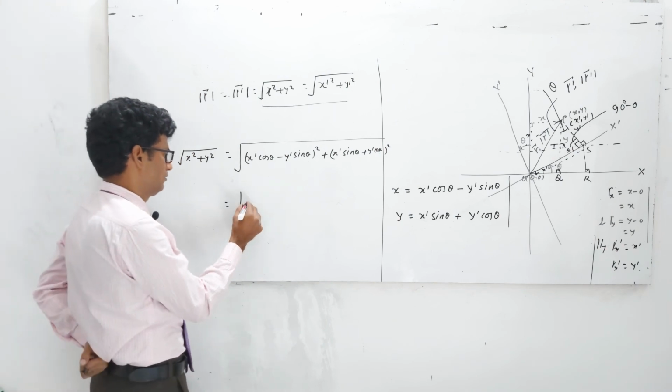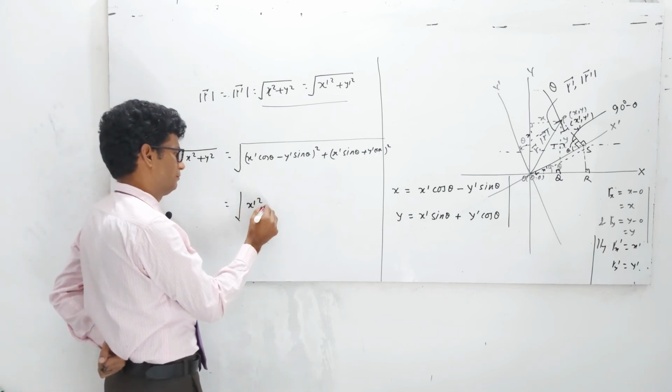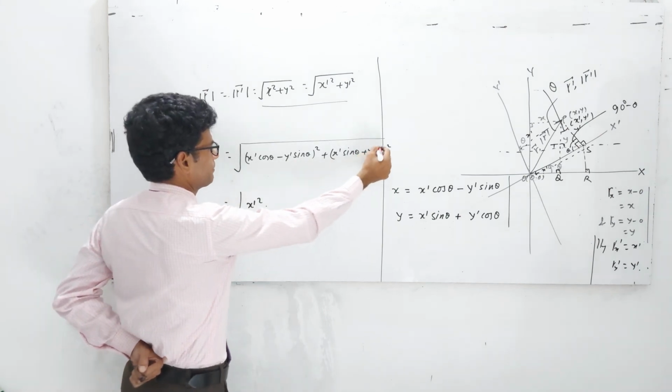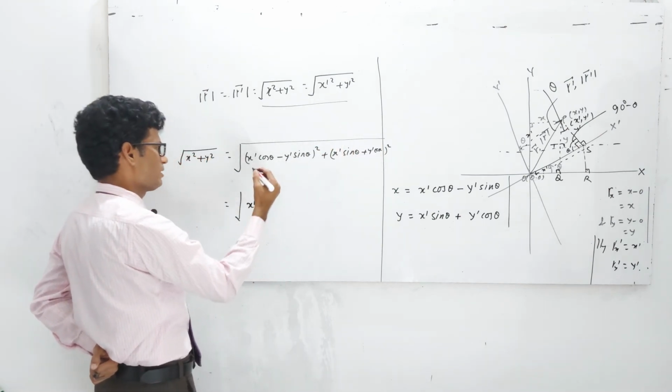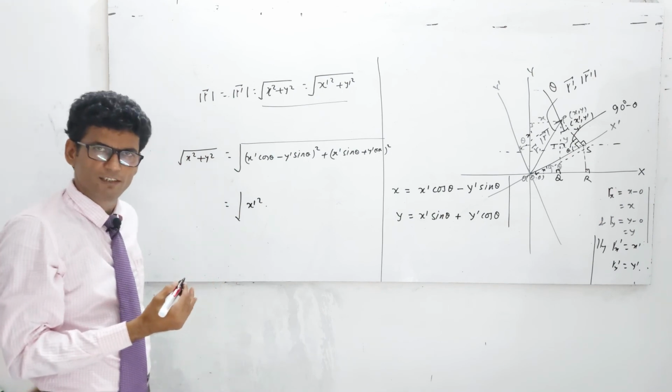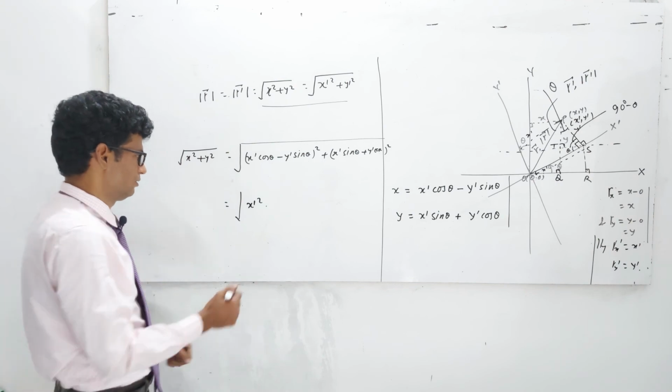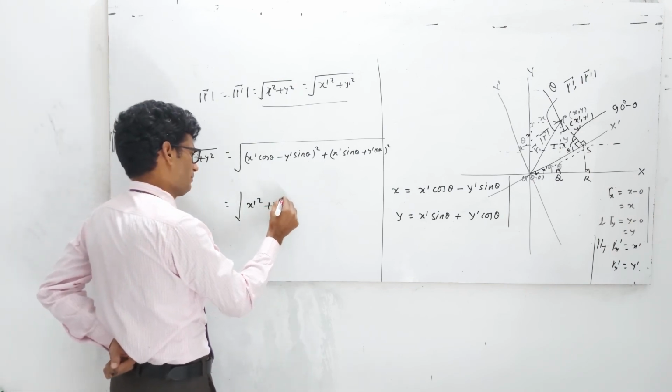So we are left with x prime square. Plus y prime square sin square theta plus y prime square cos square theta, so y prime square taken as common, then in the bracket sin square theta plus cos square theta comes out to be 1. So now we are left with y prime square.